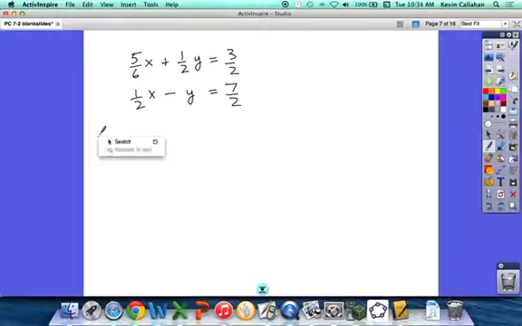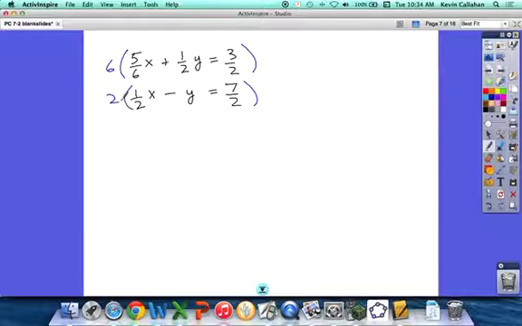Meaning, find the least common denominator for each individual equation. Like, what would be the least common denominator between 6 and 2? 6, right? 6 doesn't divide into 2. 2 divides into 6. So you would multiply this one by 6. And then this one, there's only a denominator of 2, so you multiply by 2.